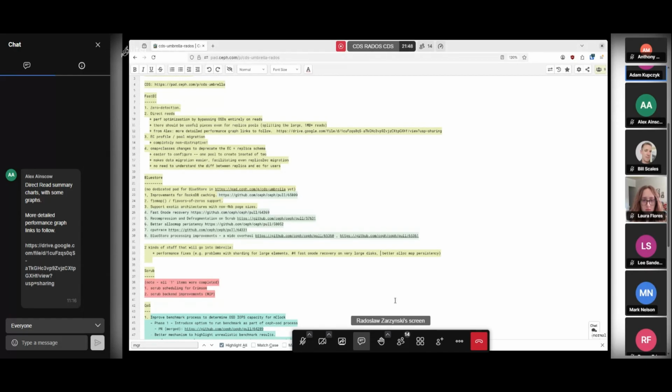0.5 is a long-awaited feature that will improve how we organize both metadata and data of O-nodes, and that will kick in when we do a deep scrub.